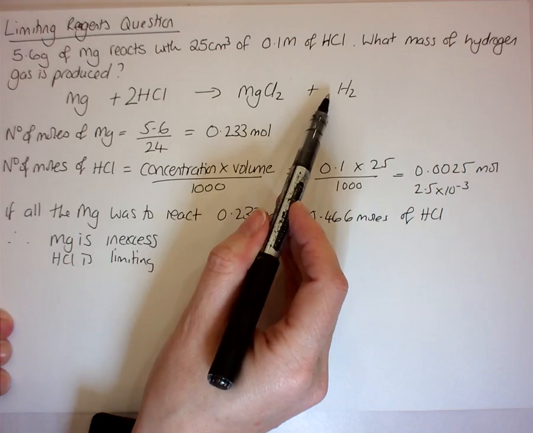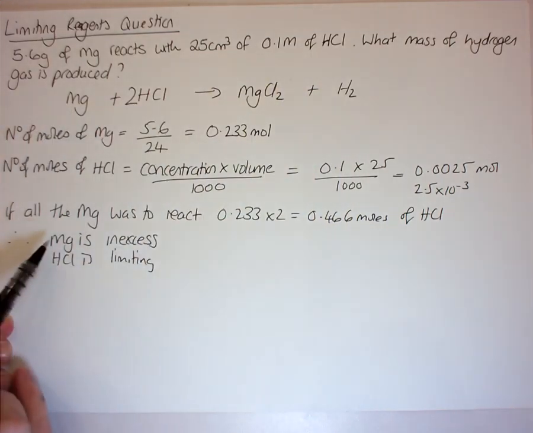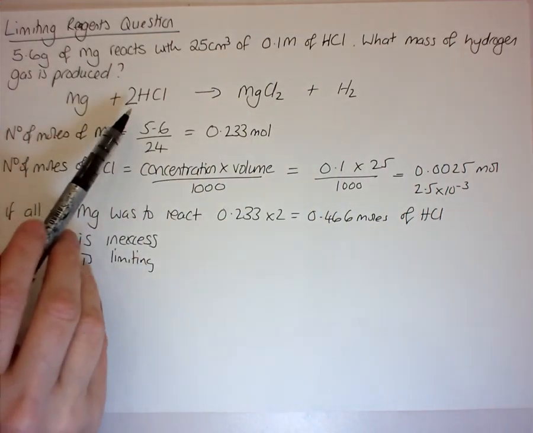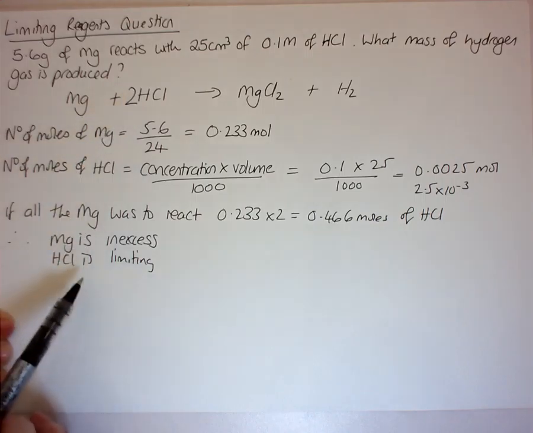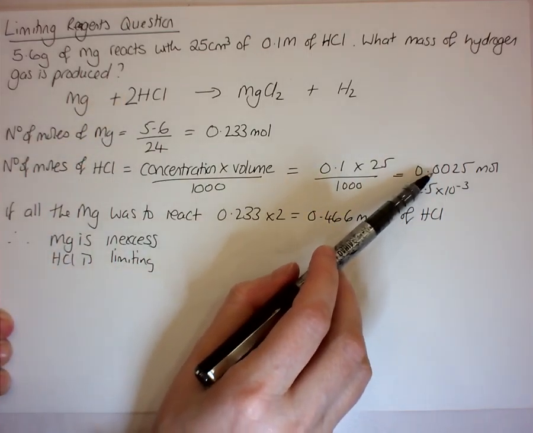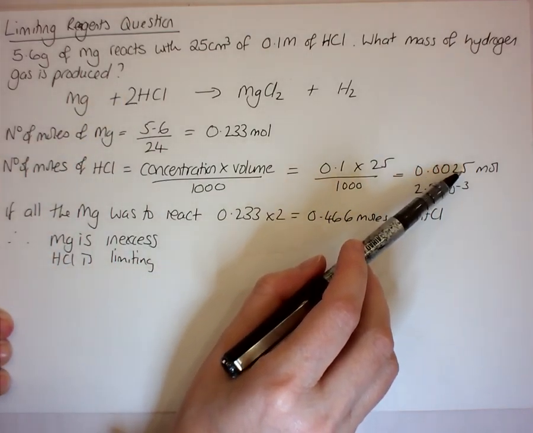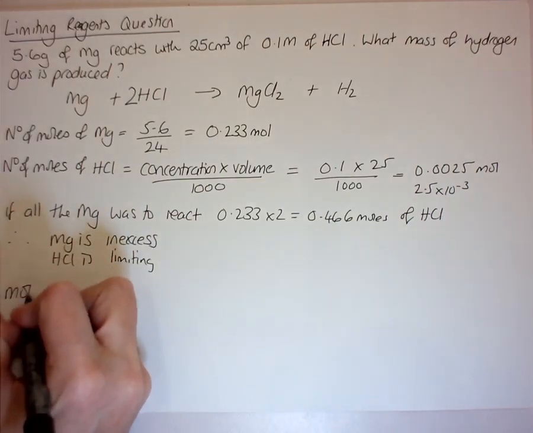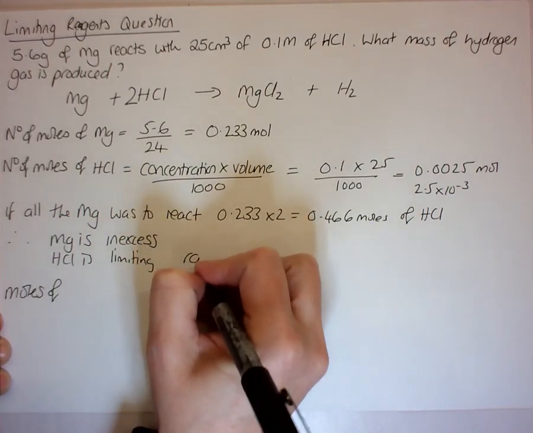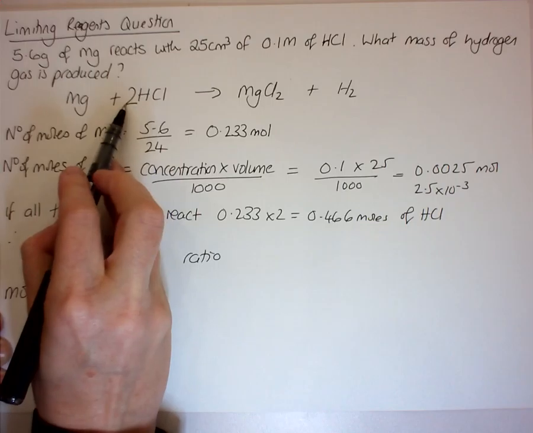So because I want to work out the mass of hydrogen produced in this reaction, I need to work out my number of moles. I don't use my magnesium because not all of it reacts. I use the number of moles of HCl, which was 0.0025. So the ratio is 2 to 1.